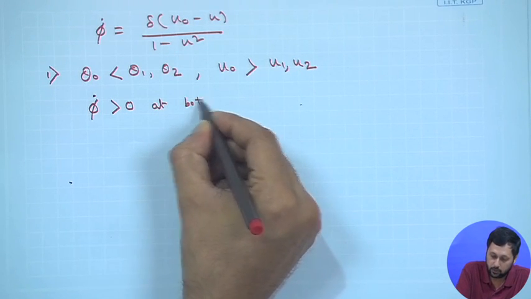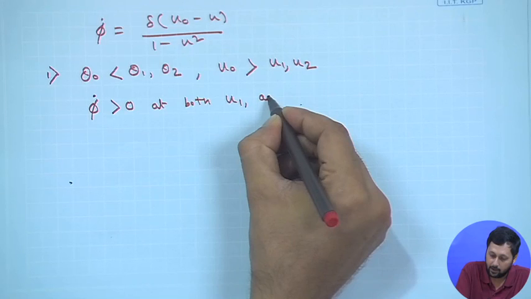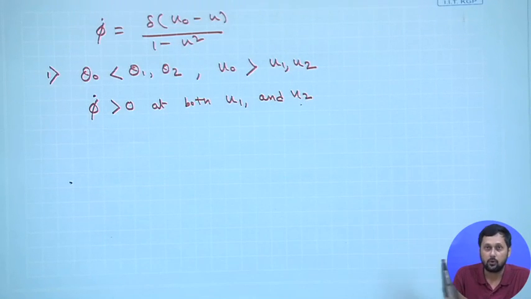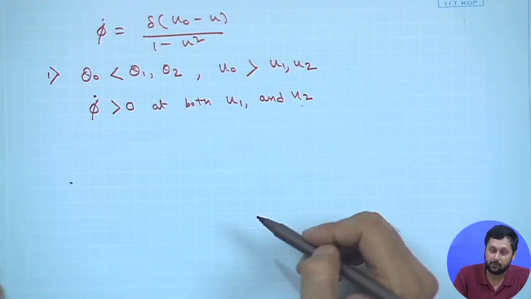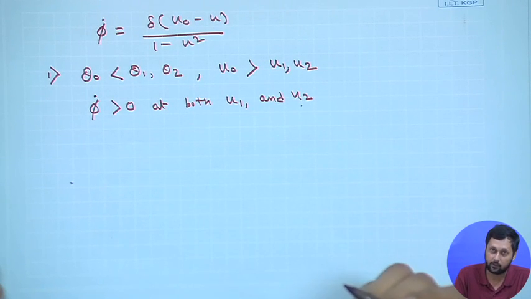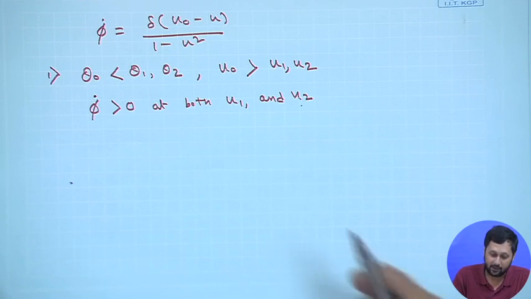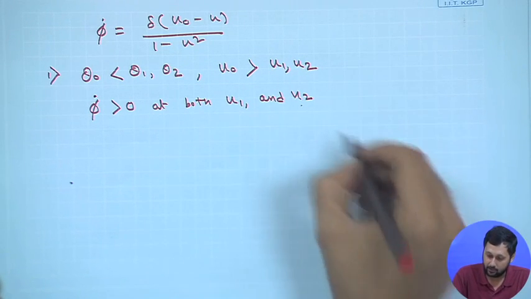So you have a precession speed at both the limits of theta 1 and theta 2 to be positive. And what you get is the axis of the top.